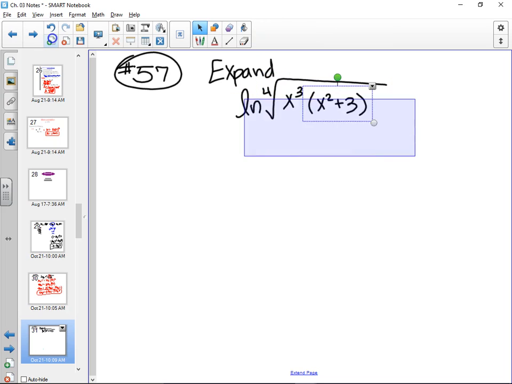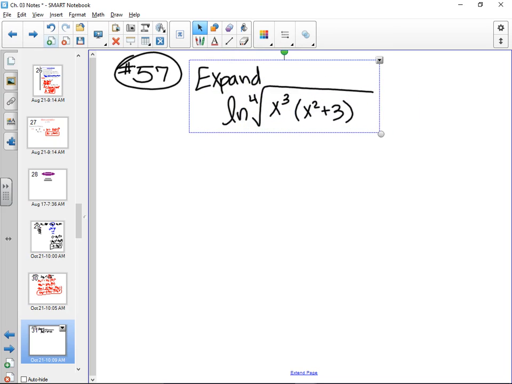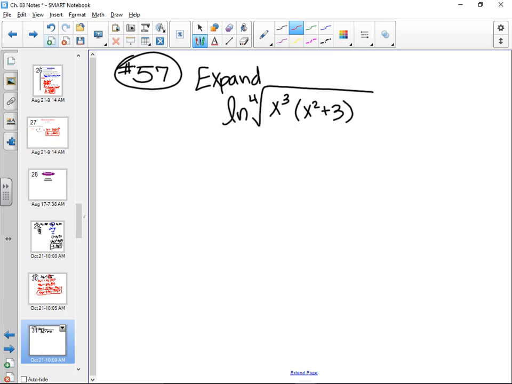Okay, that's in there. Anyway, what's the big thing going on? The entire argument is in a fourth root, right? Okay, all right, we got this. How do I rewrite a fourth root, and why am I putting parentheses?